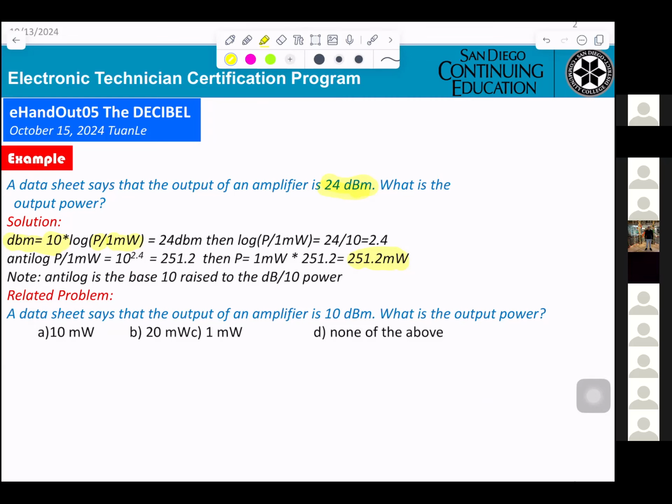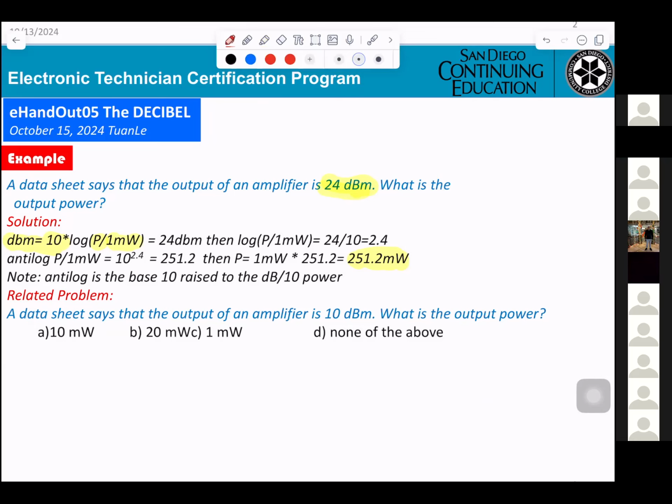They get 10 dBm, and now they want to know the output power, whether in milliwatt or kilowatt. So you know the formula, you have to use it.